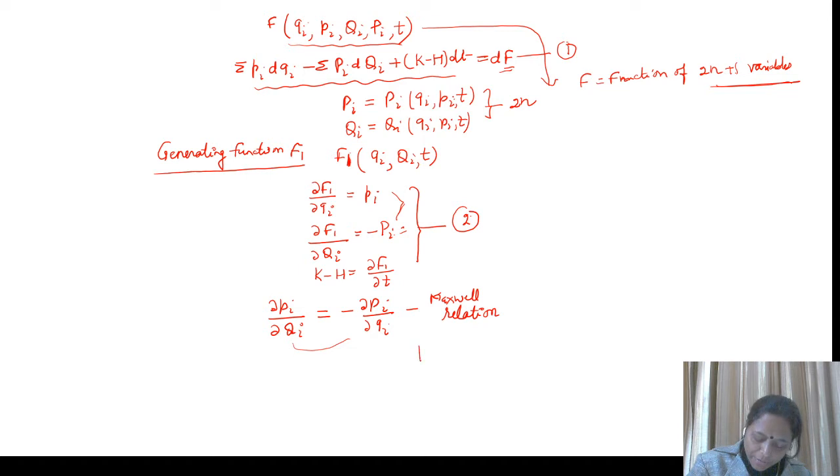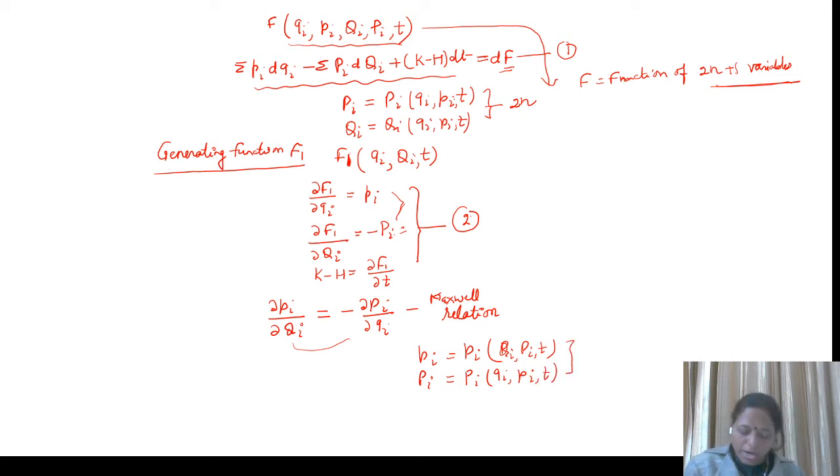So suppose you are given capital Pi as a function of Qi, Pi and time, and capital Pi as a function of small qi, pi and time. If you are having such a situation and you can show that this is satisfied, then simply you will say that your transformation equations are canonical.